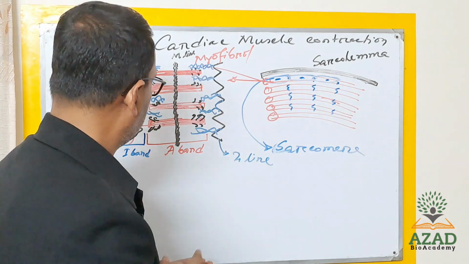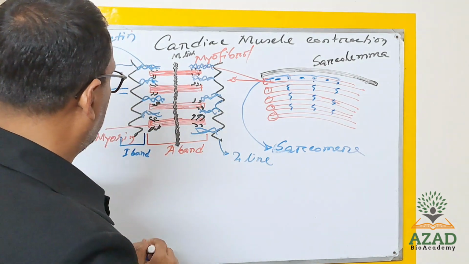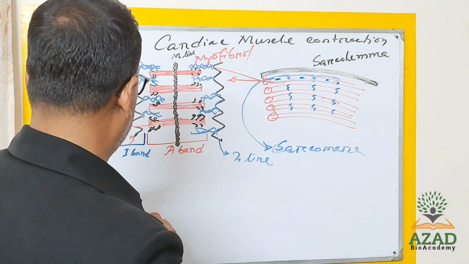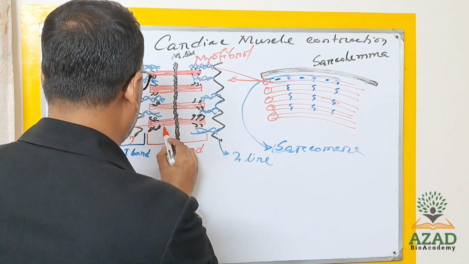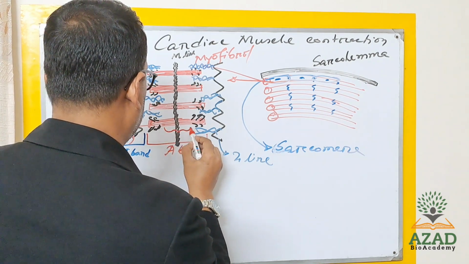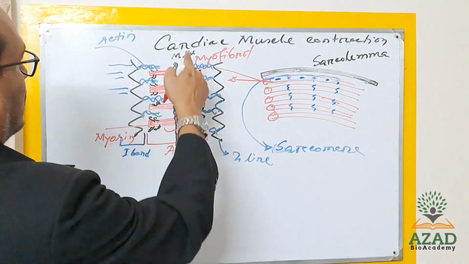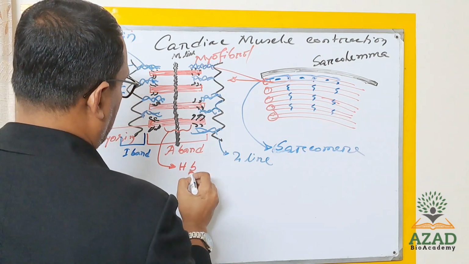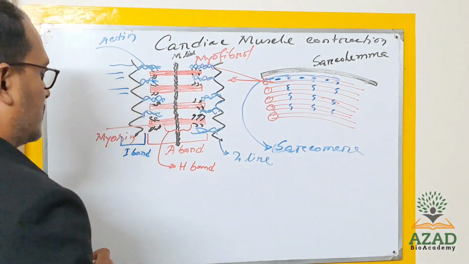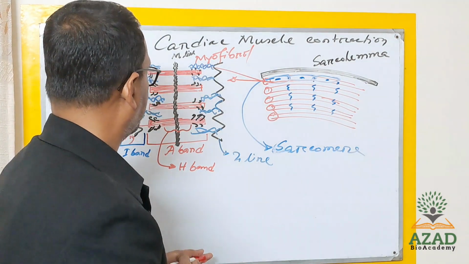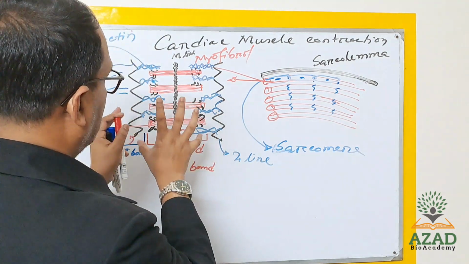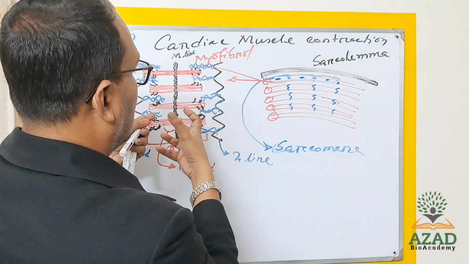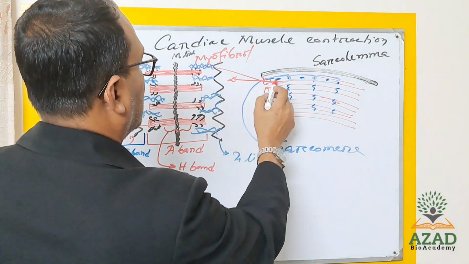If you look carefully, you will get another zone, an area present only in myosin, and that region is called the H band, or H zone. That way actin and myosin are assembled and form a sarcomere.